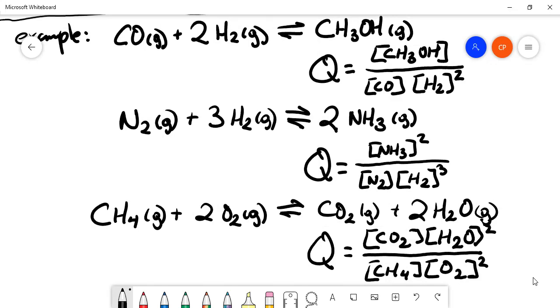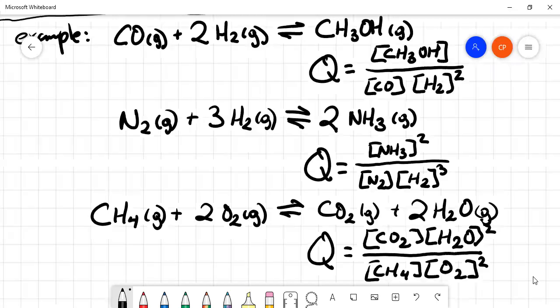Okay? Is everything in real life going to be in the gas phase? Probably not. And I need to make sure I know how to deal with other phases as well.